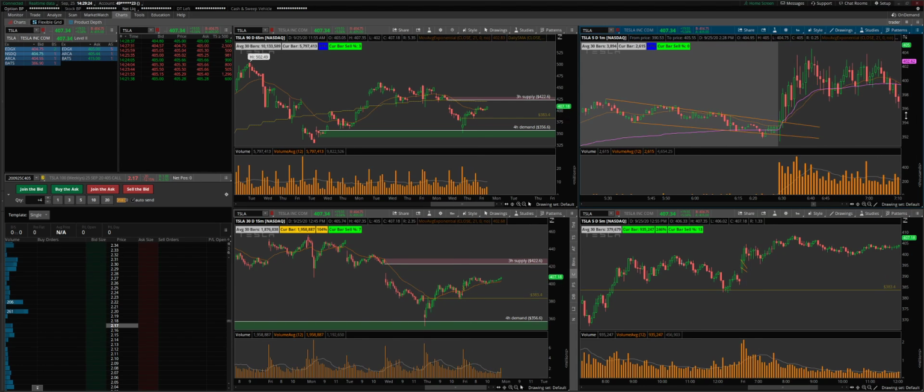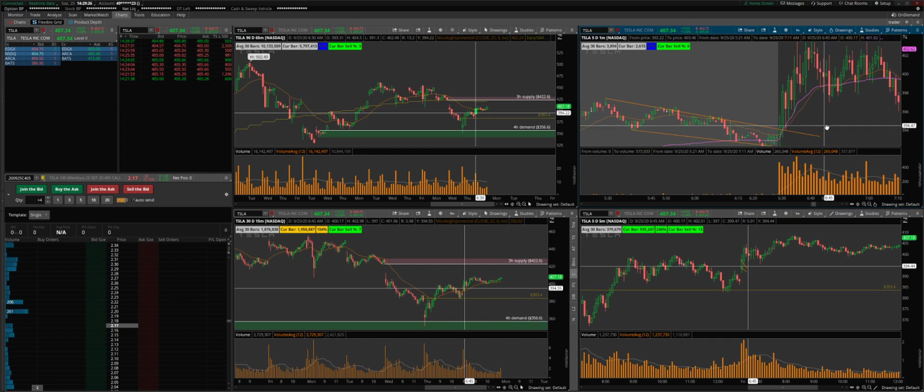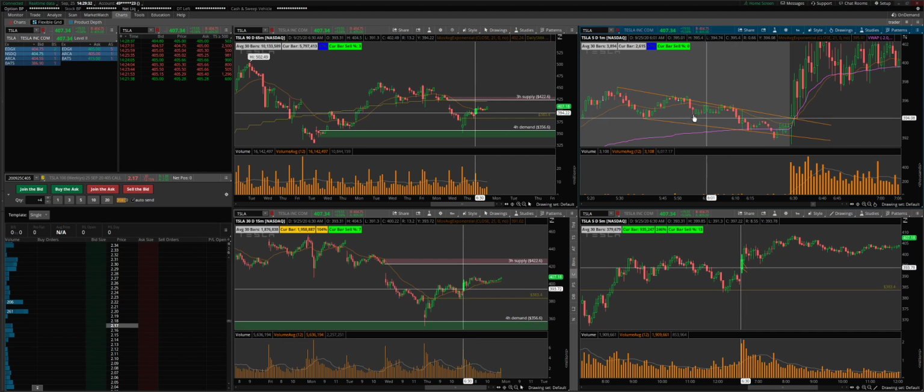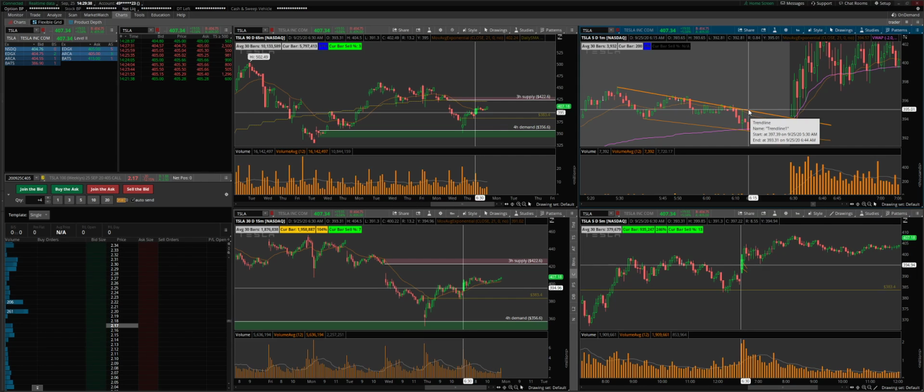So what I'm looking at here is I'm not looking to connect the bodies of the candles. I'm looking to connect the wicks because essentially, as you guys all know, there's retail traders and then there's algo traders and then there's investors trading, a whole bunch of people trading, right?